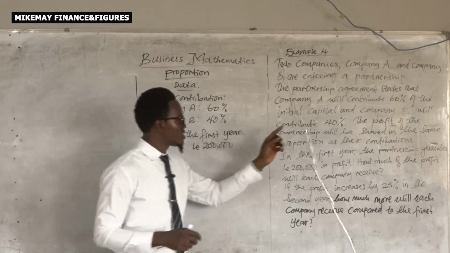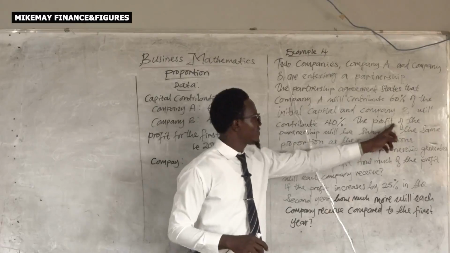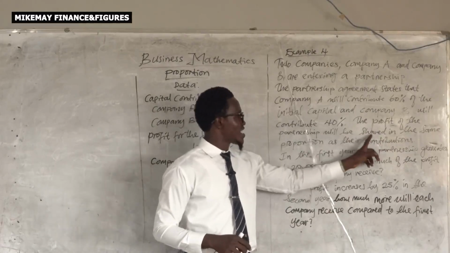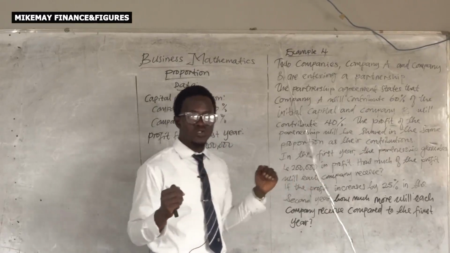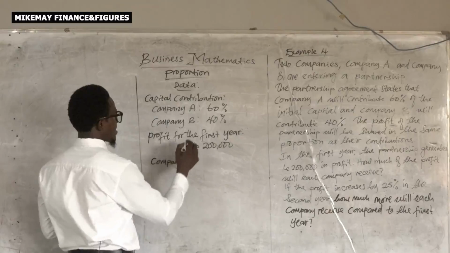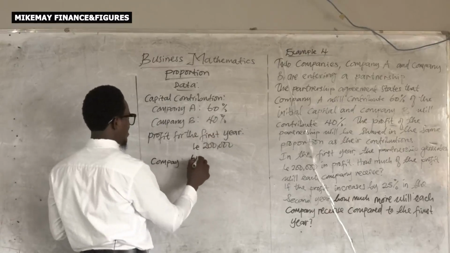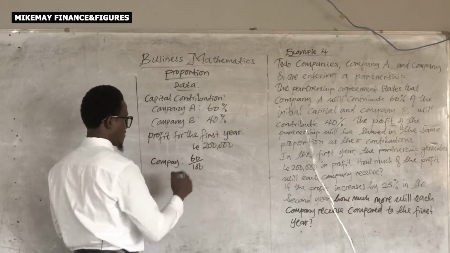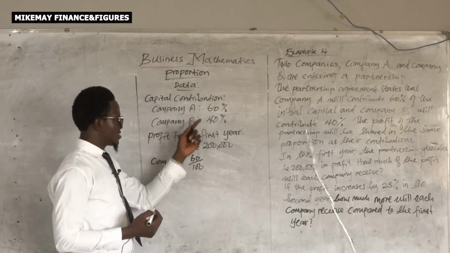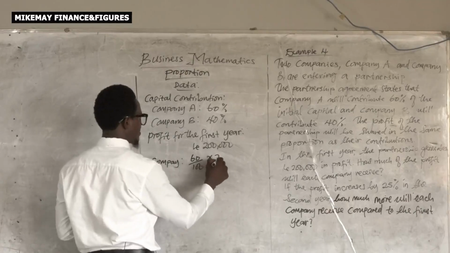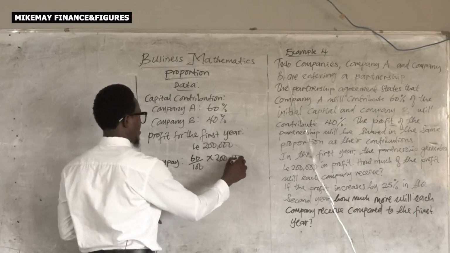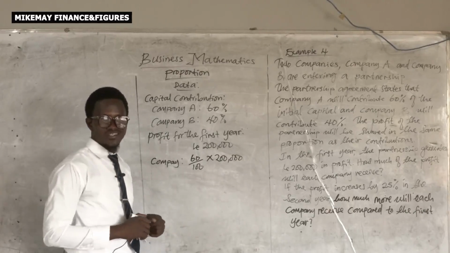Don't forget, it is said that the profit of the partnership will be shared in the same proportion as their contribution. So we are going to just use that. So company A, we are using the percentage of capital contributed. Of course, this is expressed as this, all right? And we are multiplying by the total profit they generated.